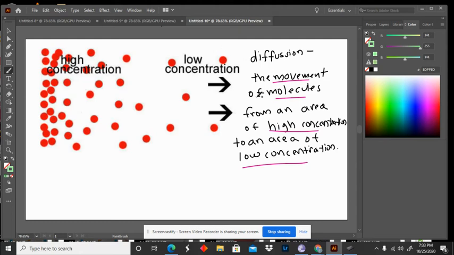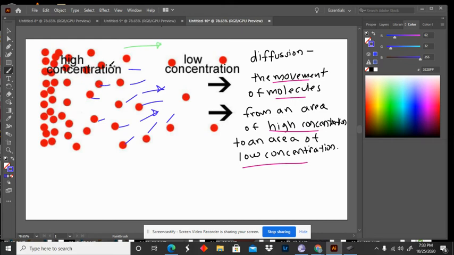So what this means is that the molecules are going to move in the direction of high concentration to low concentration. So I'll put an arrow right there. You can't see that, but the molecules are going to move in this direction. And students always ask me, why do they move in that direction?